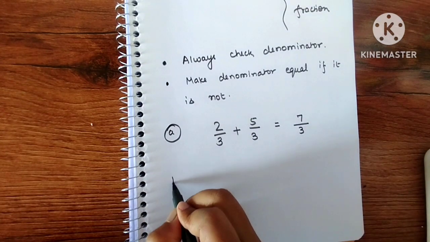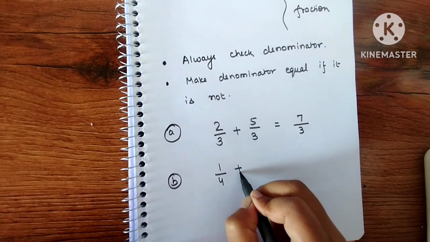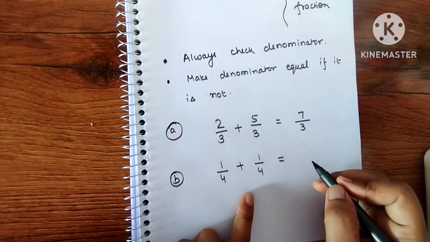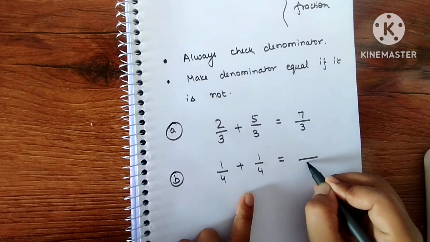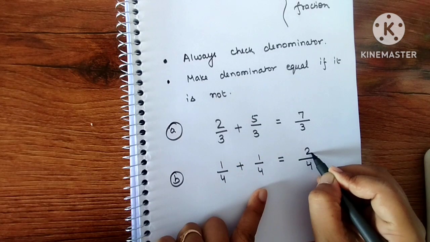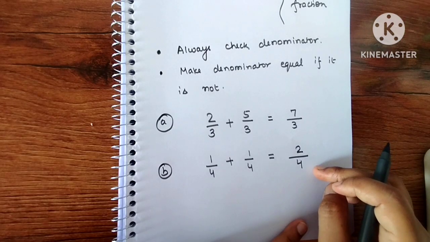Clear? The next is 1 upon 4 plus 1 upon 4. Again, denominators are the same. So you will copy the denominator. 1 plus 1, 2. But as you can see, 2 and 4 both are divisible by 2.